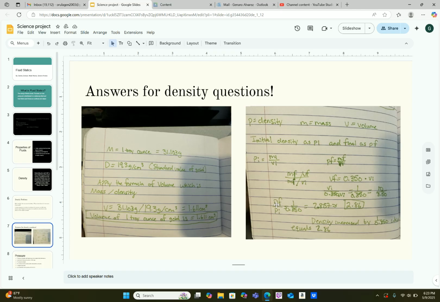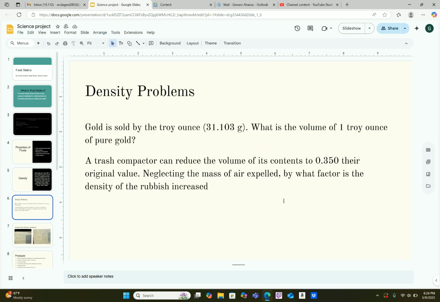And so right now we have PF over PI, which equals 1 over 0.350, which equals 2.857, which equals 2.86, which means our density increased to 2.86, which is, as you can go back here, the density of that our trash increased by the factor right here of its original value.